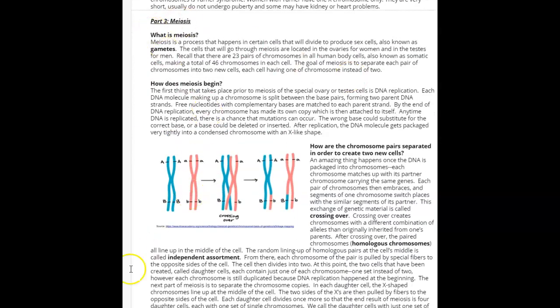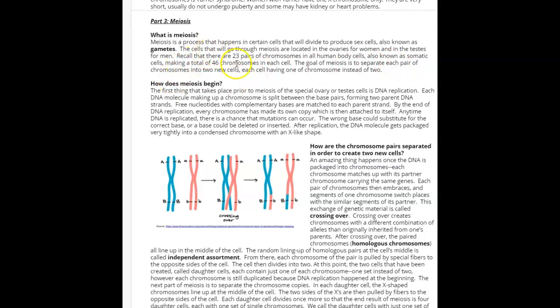Okay, so now we're at part 3, meiosis. What is meiosis? Meiosis is a process that happens in certain cells that will divide to produce sex cells, also known as gametes. The cells that will go through meiosis are located in the ovaries for women and in the testes for men.